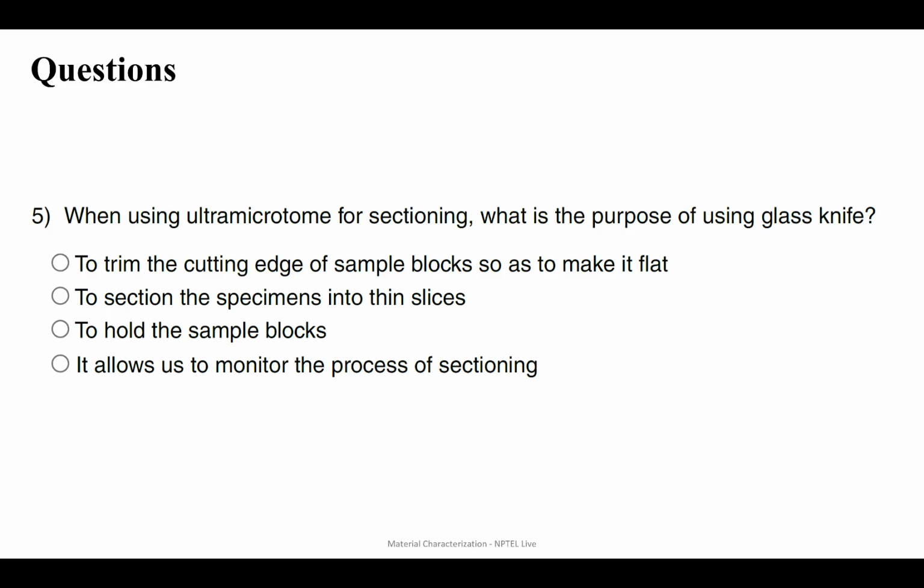When using ultramicrotome for sectioning, what is the purpose of using a glass knife? To trim the cutting edge of sample blocks so as to make it flat, to section the specimen into thin slices, to hold the sample blocks, to allow us to monitor the process of sectioning.